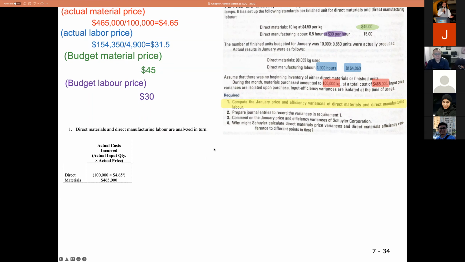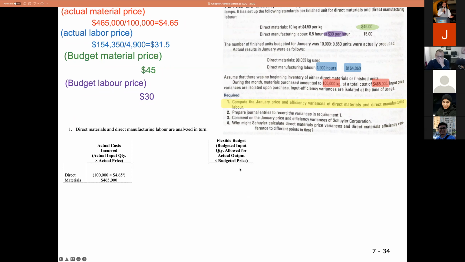Okay. Now I want to know this red column. So this would be a flexible budget, right? Flexible budget at the right. So here we are saying budgeted input quantity allowed for the actual output times budget price.